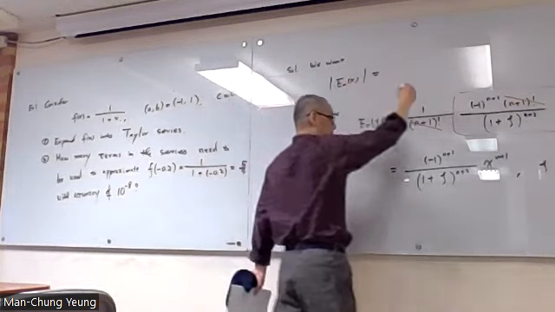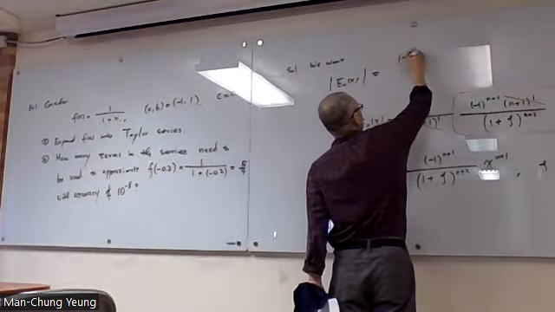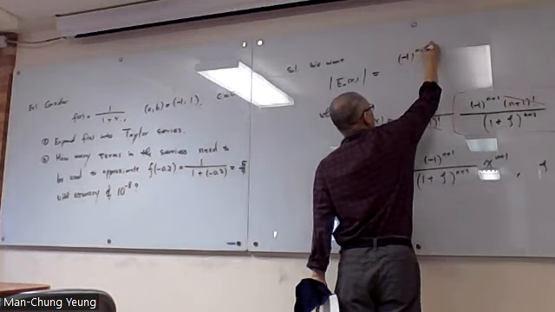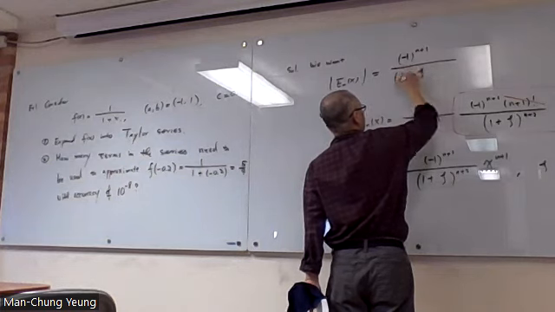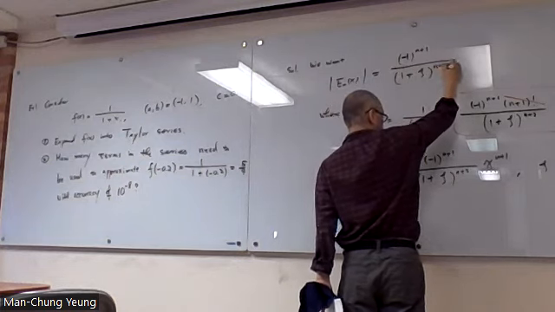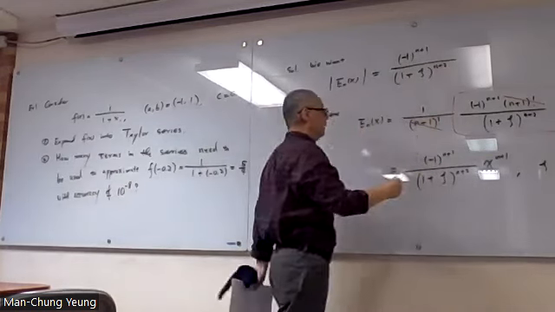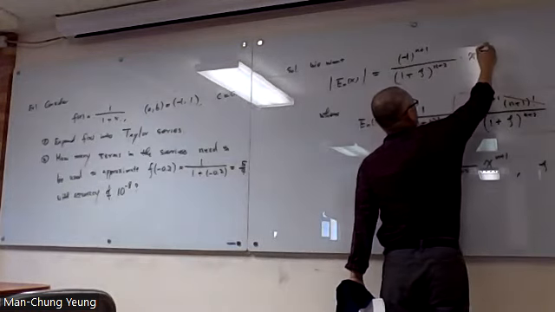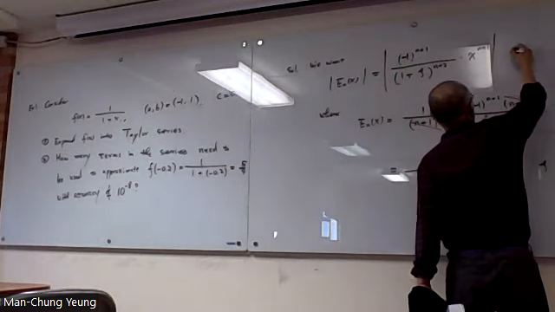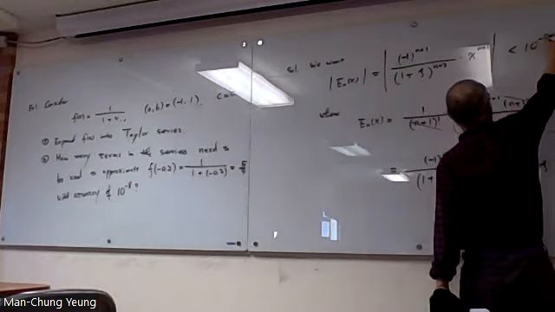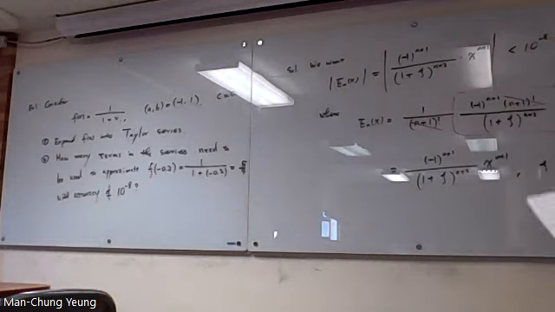And the error is given here: (-1)^(n plus 1) over (1 plus psi)^(n plus 2) times x^(n plus 1), absolute value. We want this less than 10 to the negative 8. How to find n so that this inequality is true?